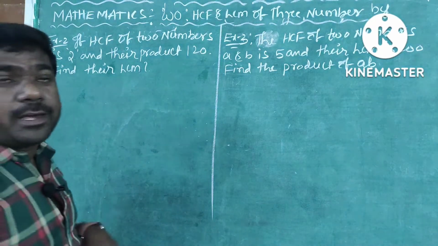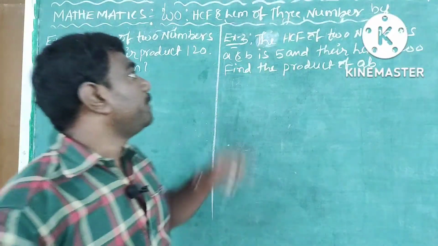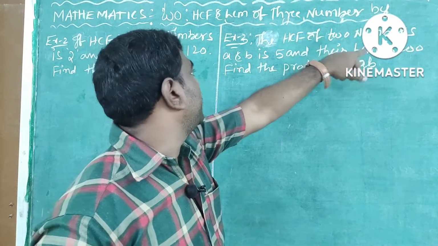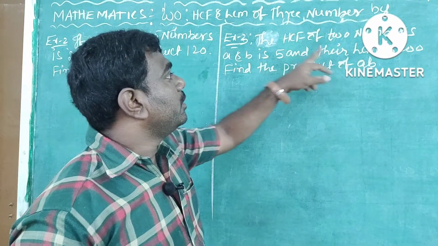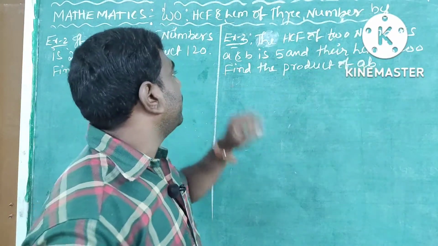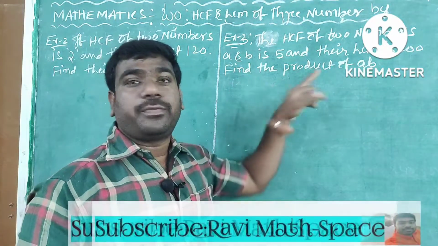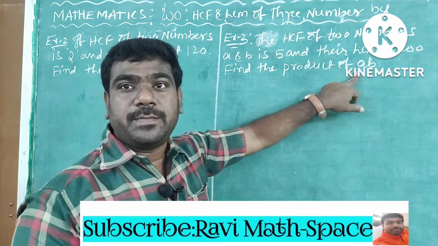Now the third application: the HCF of two numbers A and B is 5 and their LCM is 200. Find the product of the two numbers, that is AB.